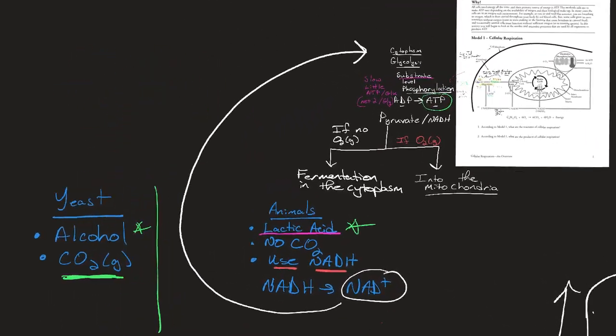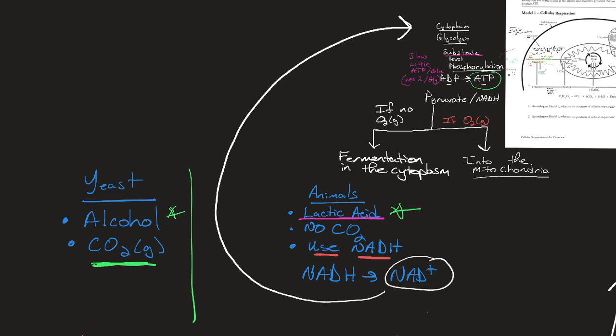They might ask you a multiple choice question, which is which of these is something that a yeast would produce in anaerobic conditions. Choose all that apply, and so they make it a little more difficult. They would put alcohol, CO2, oxygen, NADH, NAD plus, lactic acid.